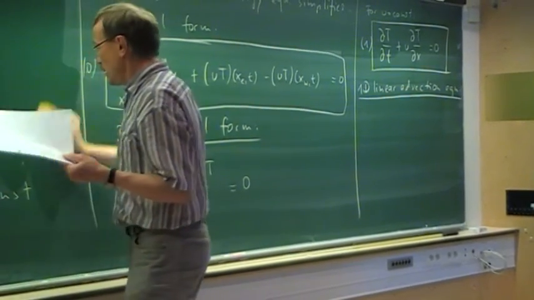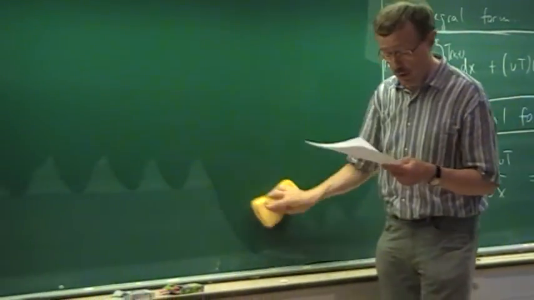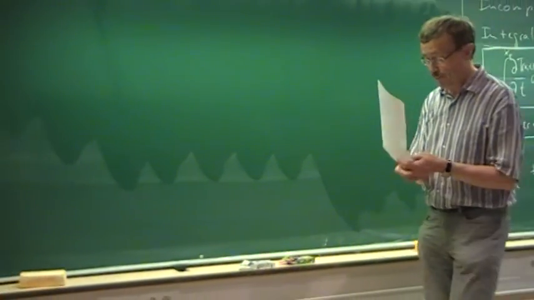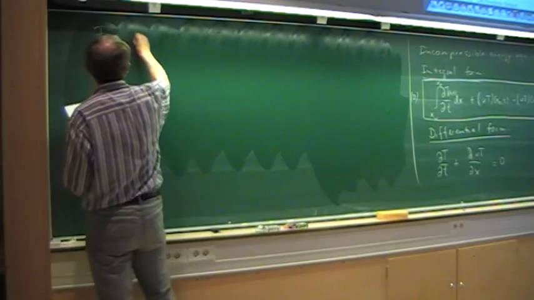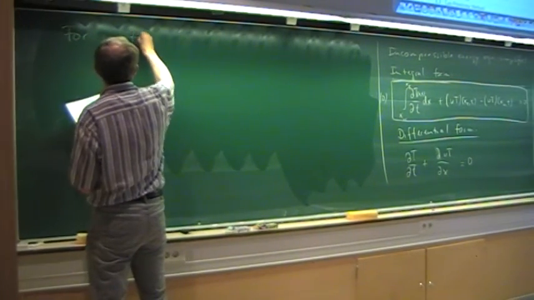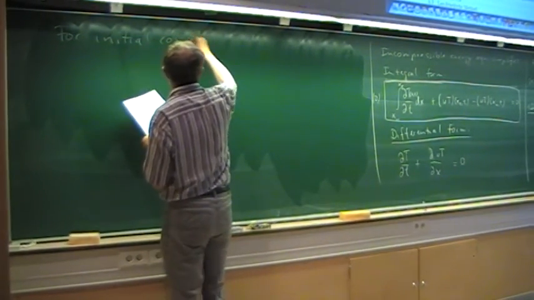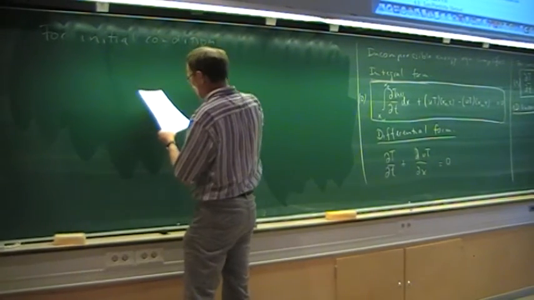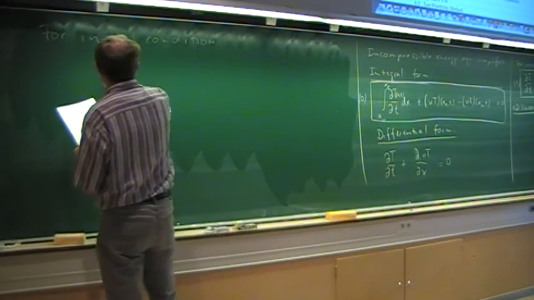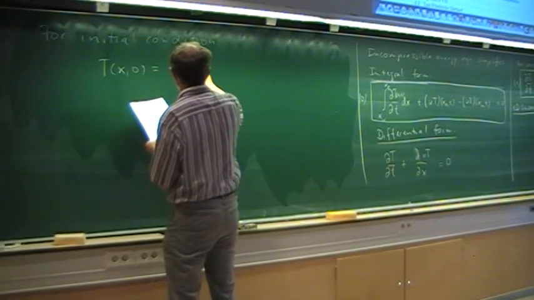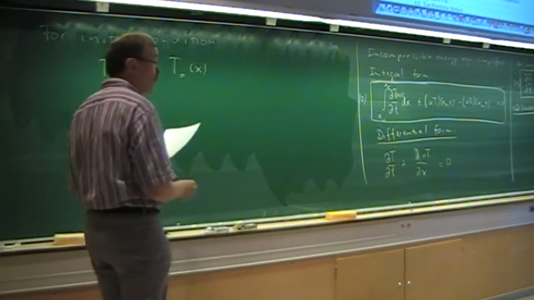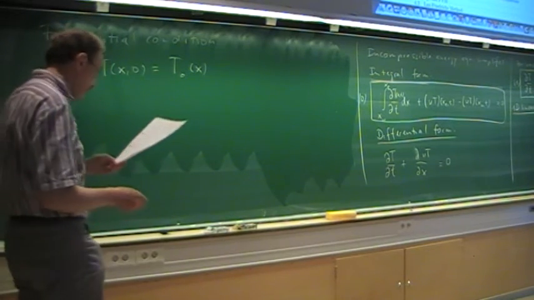We have some initial temperature profile and we have some boundary condition. We start with the initial condition. For the initial condition, T(x,0) is equal, we call it again T0(x), we can give the exact solution directly.